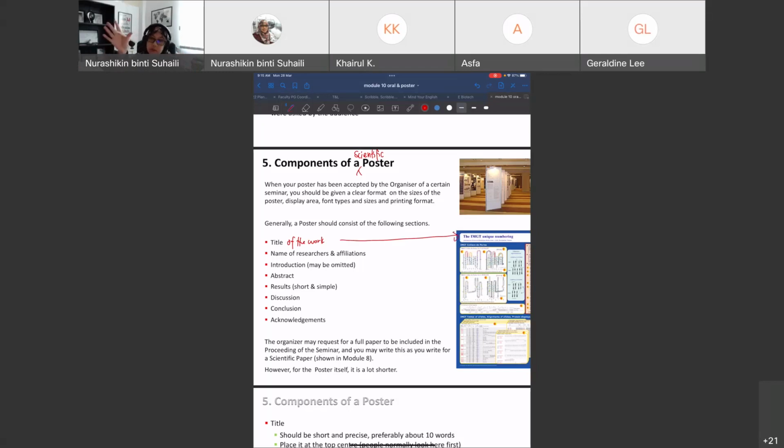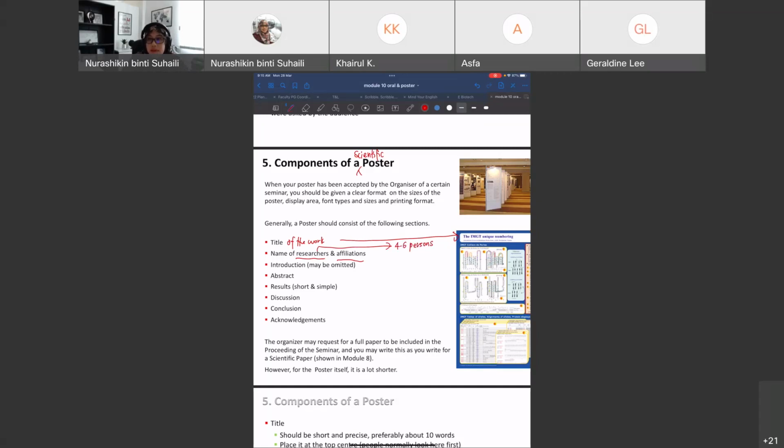On top of the poster, you should have the title, followed by the names of researchers and affiliations. In research, we normally do the work in a team, on average about 4 to 6 people, but sometimes it could be more, and sometimes just 2 persons.